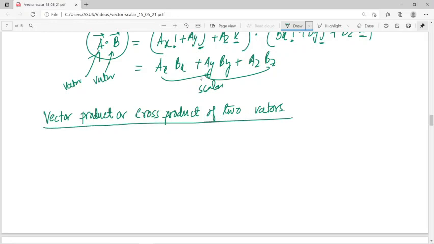What does it mean? It is a vector having magnitude equal to the product of the magnitudes of the two vectors and the sine of the angle between their directions.